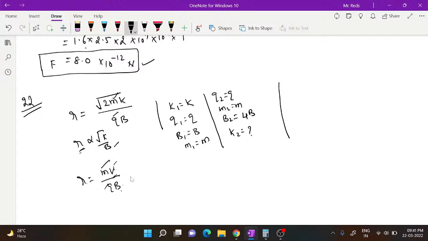That is what you have to understand. Nothing is mentioned about it, so for this to be constant, how does this have to be changed?